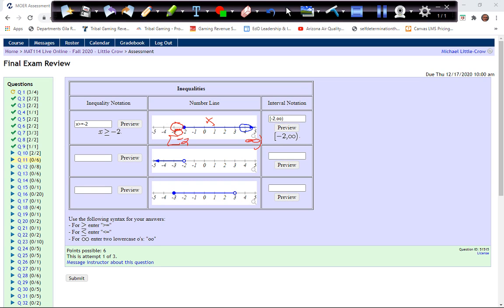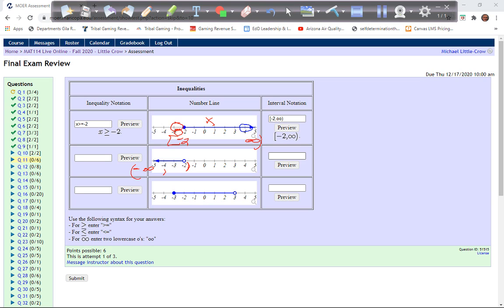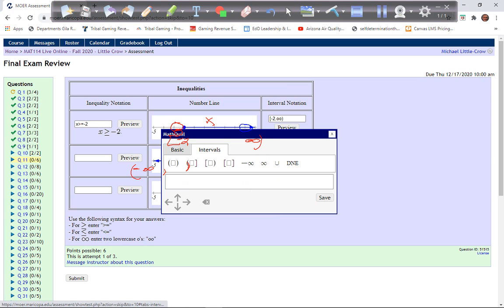For this one, the open circle means that it's not included. So it means we're going to have our parentheses here. We're going this way. This is going to take us to negative infinity all the way to -2. Okay, so we'll do the interval notation first. Sometimes that's easier. And notice it always goes from smallest to largest. So we come here for our intervals, and it's not included.